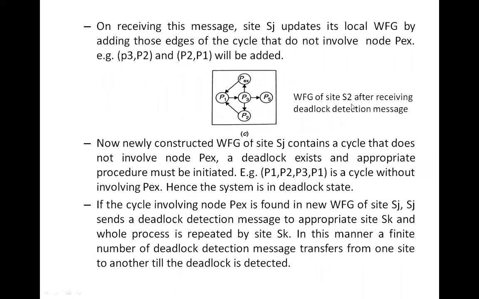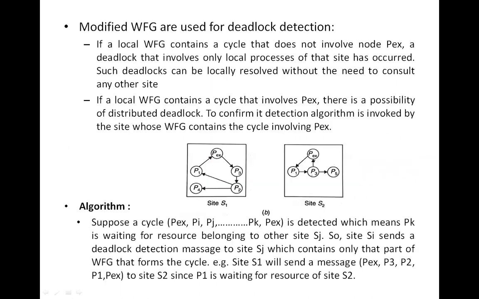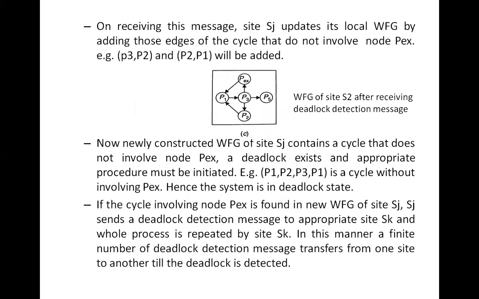Now, when site SJ receives the message, it updates its local wait-for graph by adding those edges of the cycle that do not involve the node PEX. Whenever a site receives that message, it will include those edges which do not involve the node PEX.